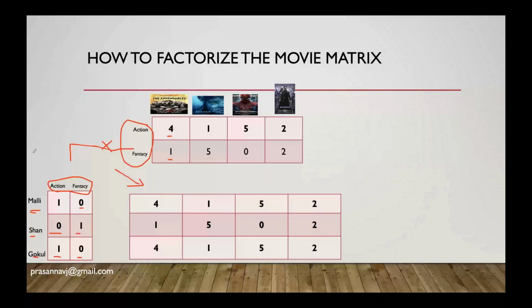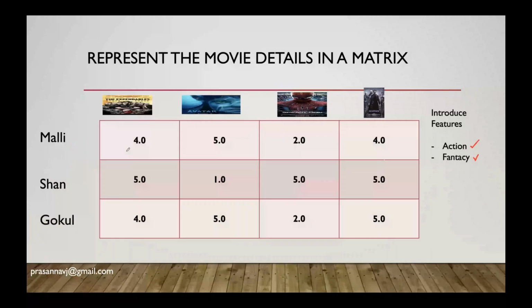Now you could ask, okay, fine, how do I bring in these matrices, assuming that I already have data like this? I already have the ratings Mali has given for these movies, and all this data is already captured for each and every movie. How do I build this factorized matrix? What is the approach to build it? That is the basic question.